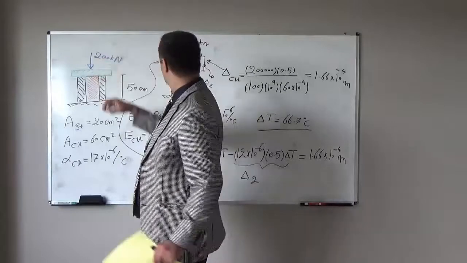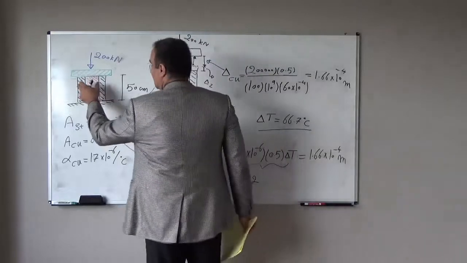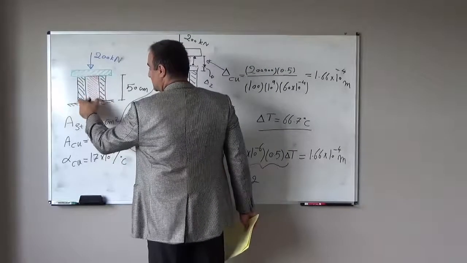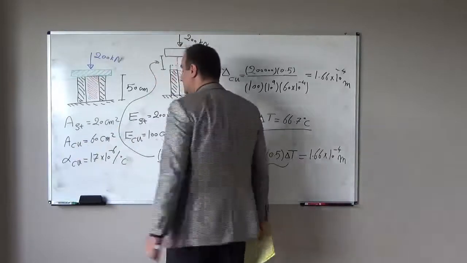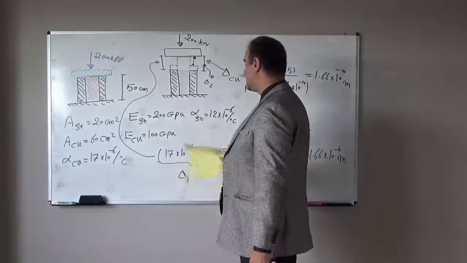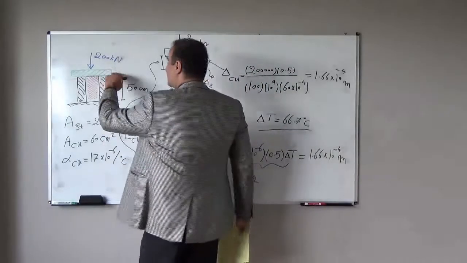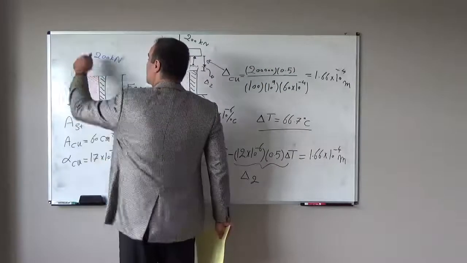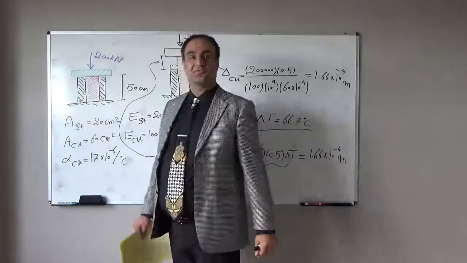So we put copper inside of the hollow cylinder, and you see the cross-sectional area for hollow steel is given, cross-sectional area for copper is given, Young modulus for both is given, thermal expansion coefficient for both is given. At top we have one cap, and in the centroid of the cap we apply 200 kilonewton force.